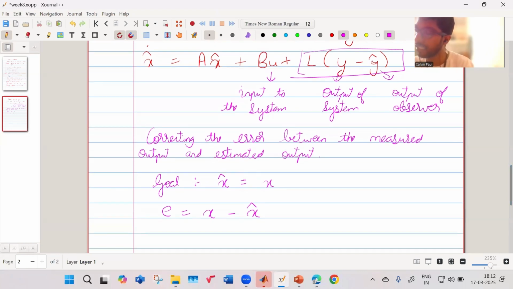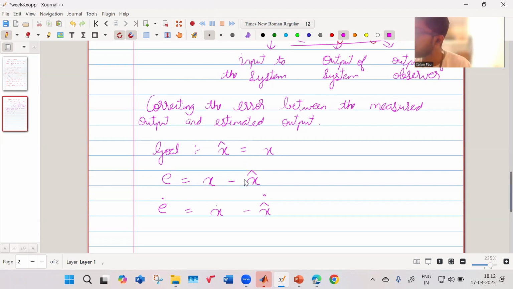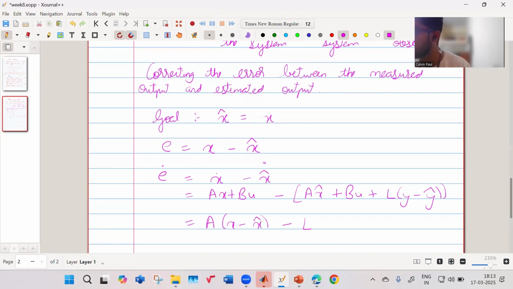Okay, so let's look into the error dynamics. We must differentiate: e dot is x dot minus x hat dot. This is the dynamics of my error. So what is my x dot? It is Ax plus Bu. What is my x hat dot? It is A x hat plus again Bu plus L into y minus y hat. So that becomes equal to A into x minus x hat minus L into y minus y hat.